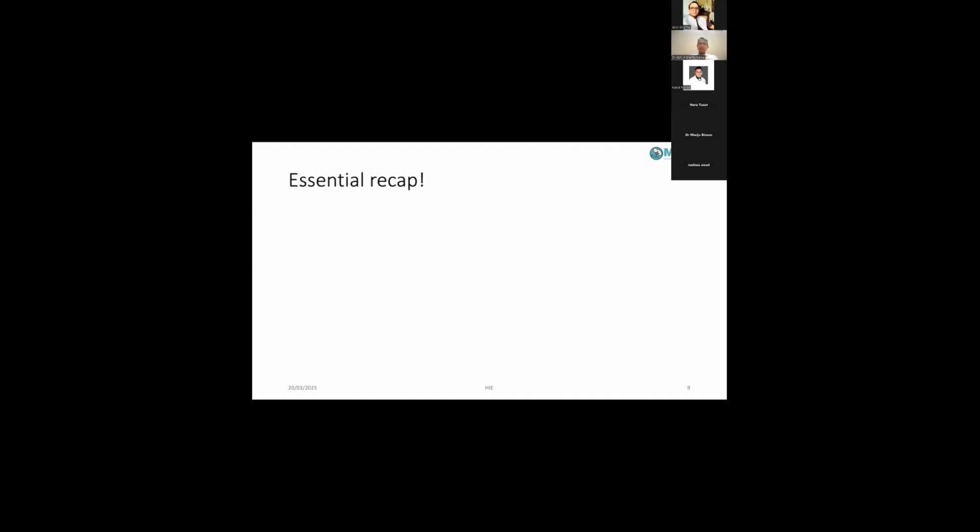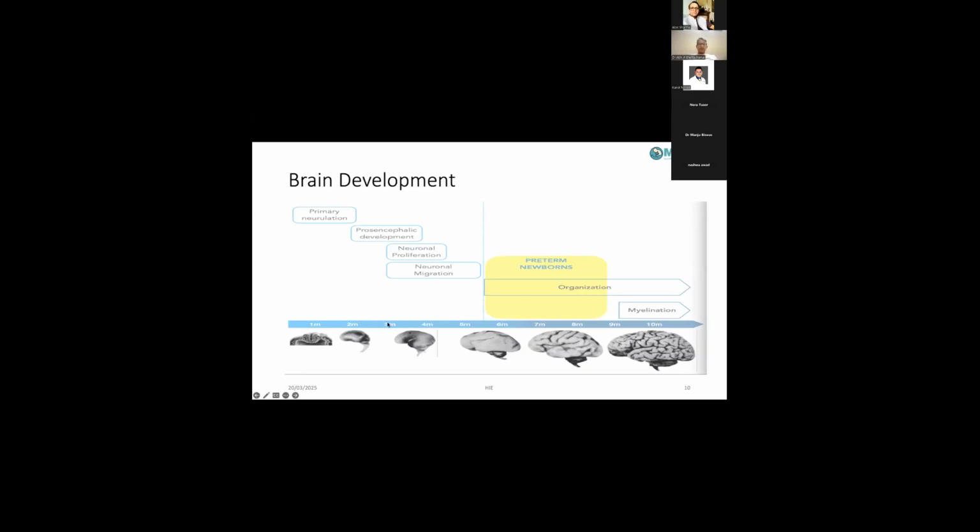I'm just going to run through a quick recap. I said it's an essential recap because the normal anatomy is very important. So this is the brain development. It starts with primary neurulation, where the neural tube is formed. It is folding, and the adjacent parts are going to oppose and fuse, giving rise to the neural tube, abutted by the neural crest cells.